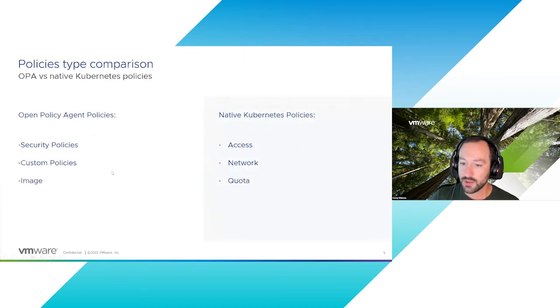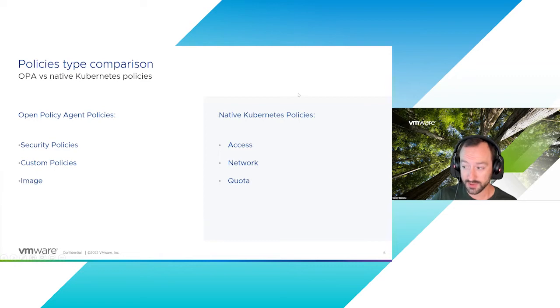So just a quick comparison of the different policy types that are available in Mission Control and how they're essentially created in the background, or what their technology is. If you look at the left-hand column, you can see that Open Policy Agent policies only encompass security, custom policies, and image policies.